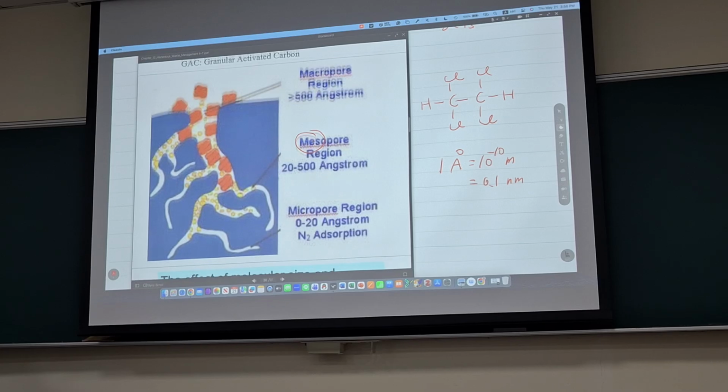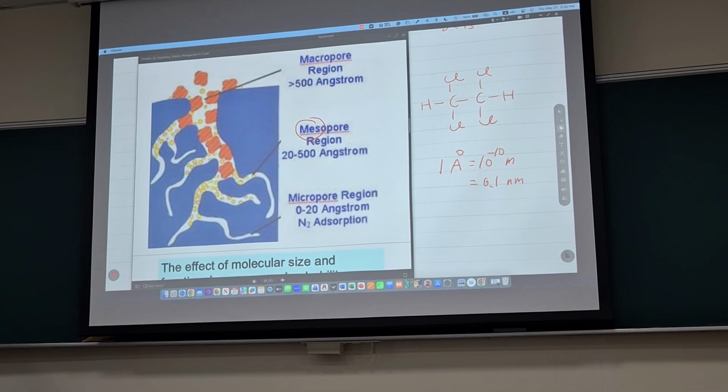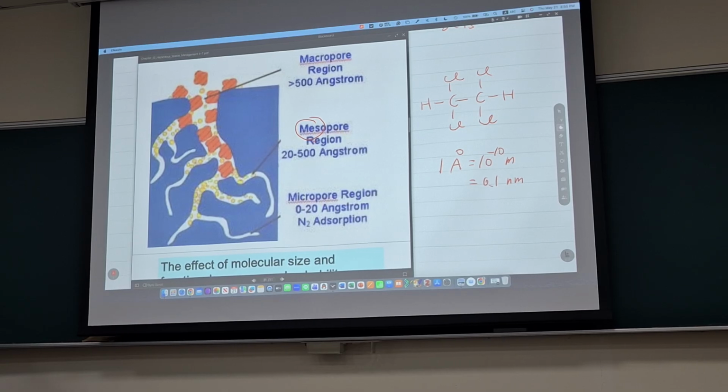So this slide tells you different pores help capture different pollutant sizes.